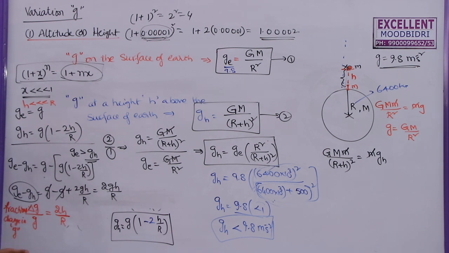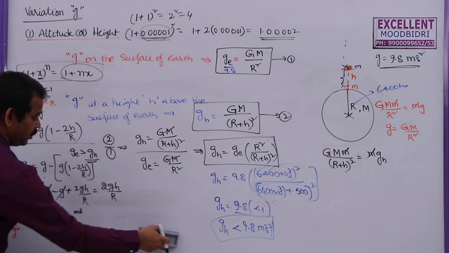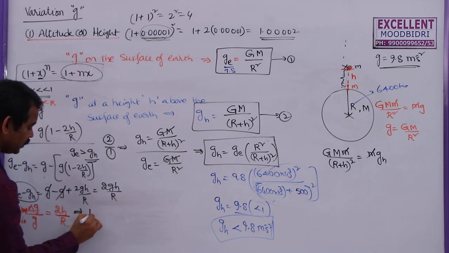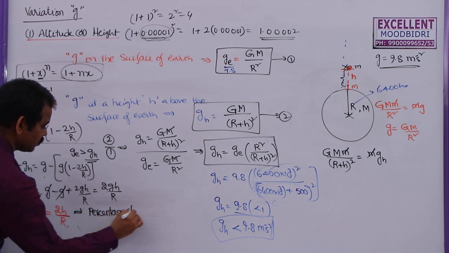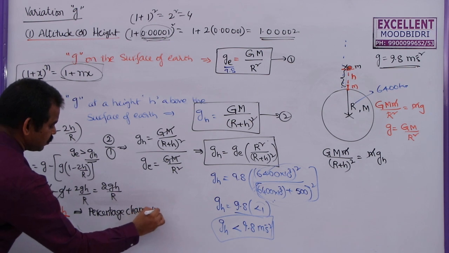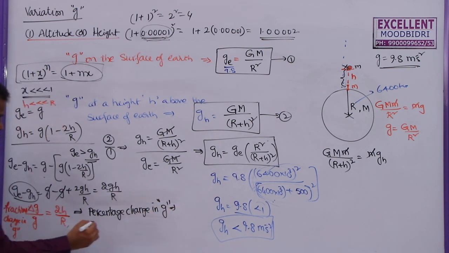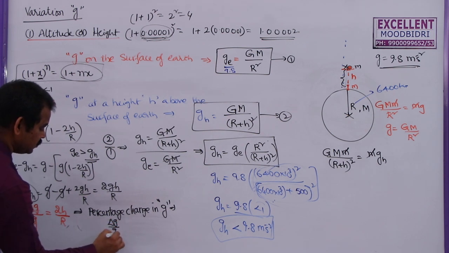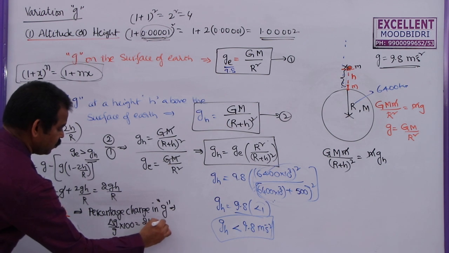Now, what is the percentage change in small g? Percentage means just multiply with 100 on both sides. So the percentage change in small g is given by delta g by g into 100 is equal to 2h by r into 100.